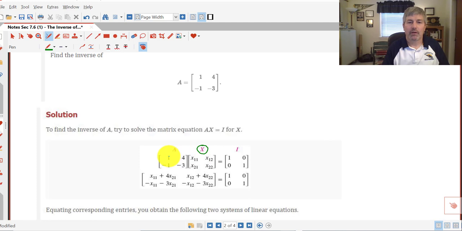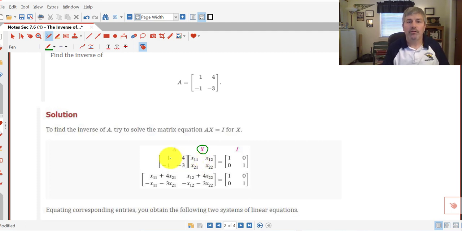So our matrix was 1, 4, negative 1, negative 3. And then our x's in our unknown matrix, we're going to use the subscript for rows and columns. So x11 is row 1, column 1, x12 is row 1, column 2, and so on, row 2, column 1, and row 2, column 2. So those are all our unknowns with subscripts.